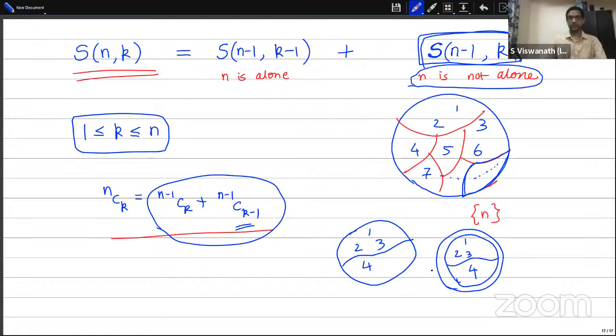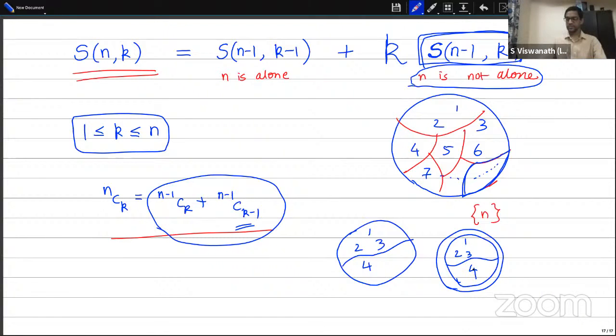But from that, to get a partition of 1 to 5, I can put that 5 in any one of the blocks. In whichever block I put it, I will get a new partition. So from a single partition of 4 elements, I will actually be able to generate K partitions of 1 through 5. And what is K here? K is the number of blocks.